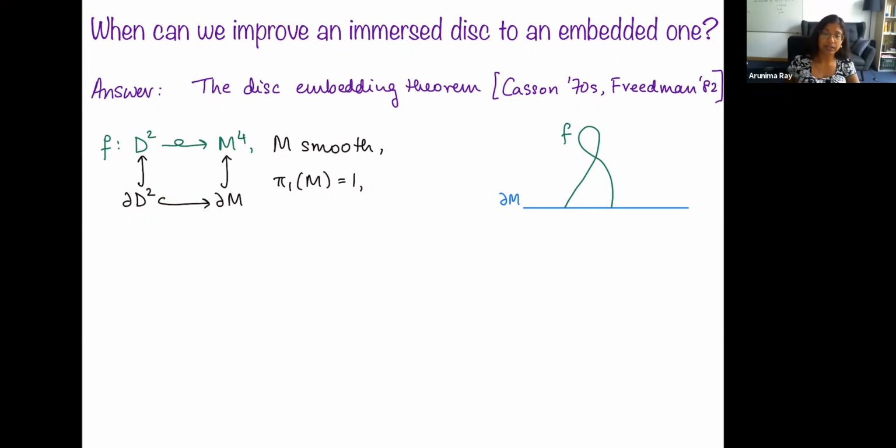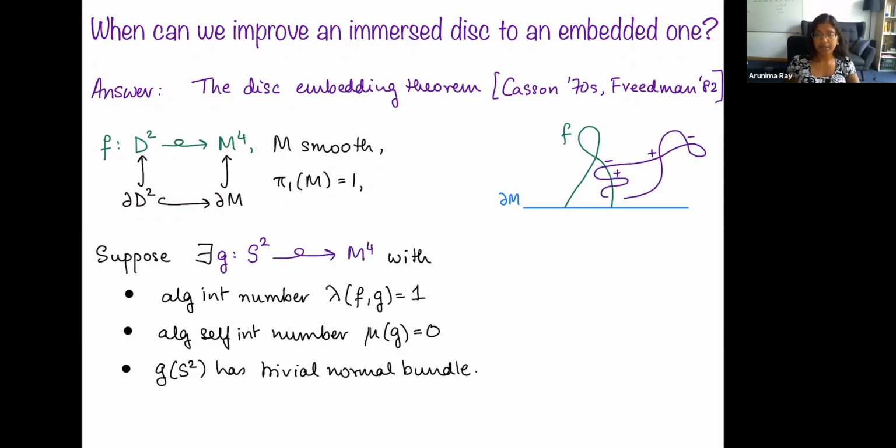And what will that look like? Turns out the extra information is in the form of a partner for F. This is something that's usually called an algebraically dual sphere for F. I've drawn it here in purple, so let's see what I require of it. So first, I want to make sure that the intersections between F and G, algebraically, there's just one of them.